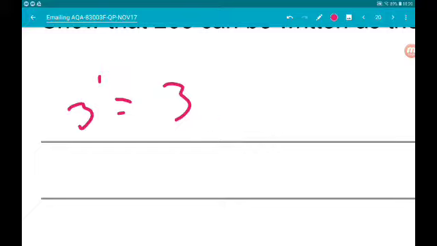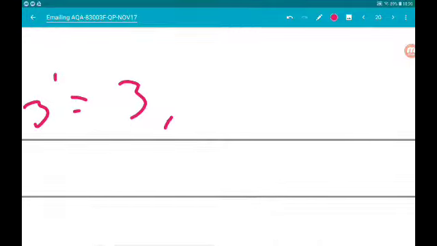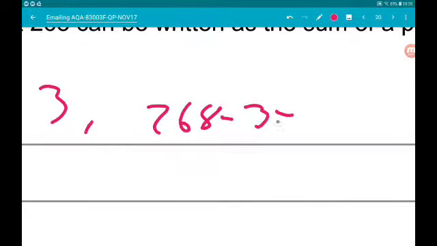Now what we're going to do as well, if we know that a power of 3 add a square number is equal to 268, we know that 268 minus a power of 3 is equal to a square number. So 268 minus 3 is equal to 265. That is not a square number. You can use your calculator to check. Try square rooting. If you get a whole number, lovely.